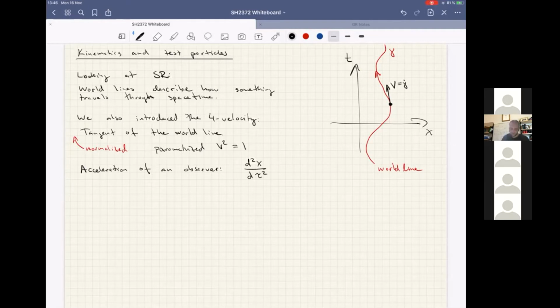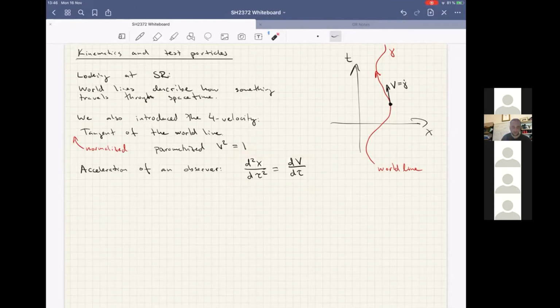Let me also say that this is equal to the derivative with respect to proper time of the 4 velocity. In general relativity, we don't have the same luxury. We can't really define this derivative in the same way.